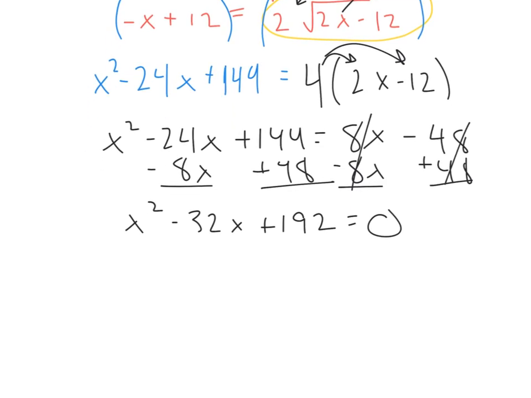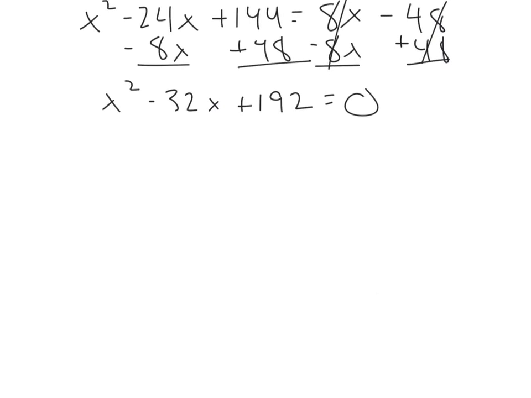Let's keep rolling. I know that this is a quadratic, so I can factor it. So let's do that. Factors of 192 that add or subtract to negative 32. That's going to be a tough one. I just know already, because I've done this example several times, that that's going to be x minus 8 and x minus 24 equals 0.